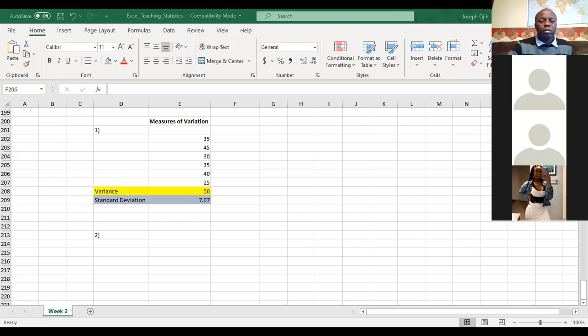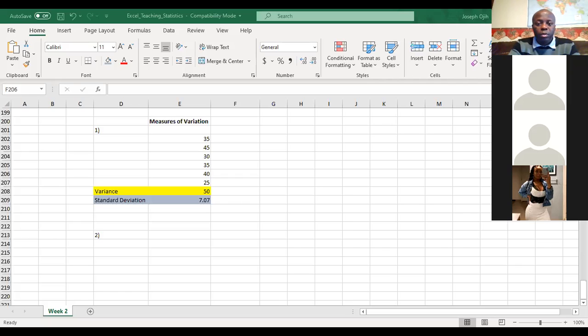And for commission, the mean of the commission is 5,225, and the standard deviation is 773. So let's compare the variation. The formula for it is the standard deviation over the mean times 100%.